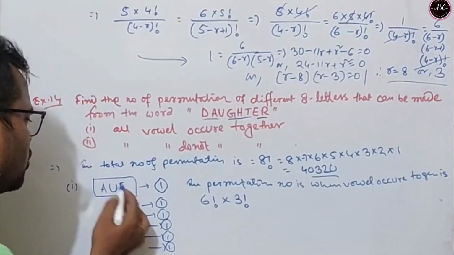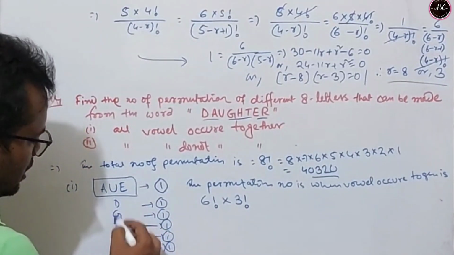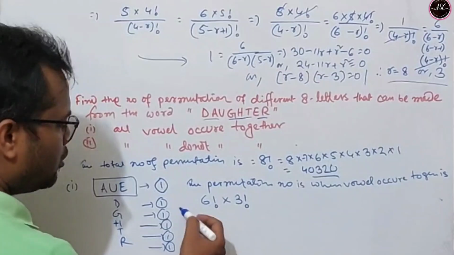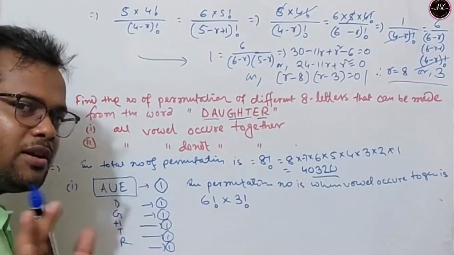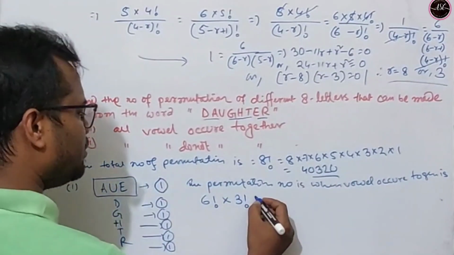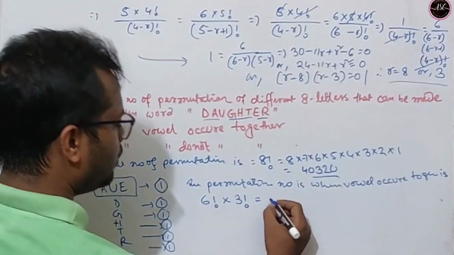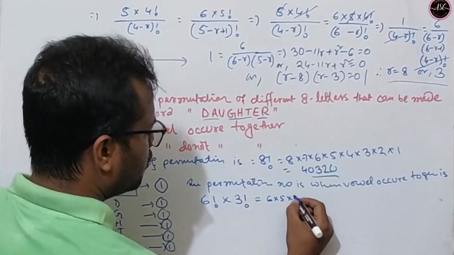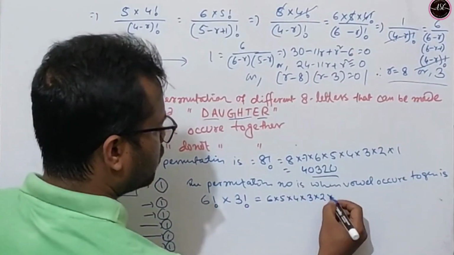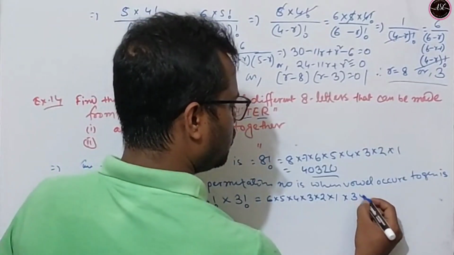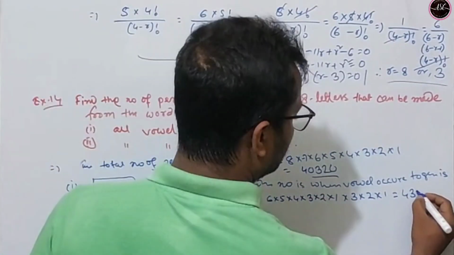As there is no repetition of letters in this and in the vowels, 6 factorial or 3 factorial is not divided by some number. So multiplying this, we get 6 into 5 into 4 into 3 into 2 into 1, and 3 into 2 into 1, and this will be 4320.